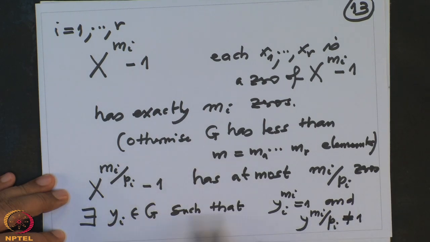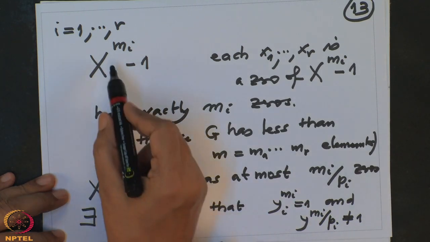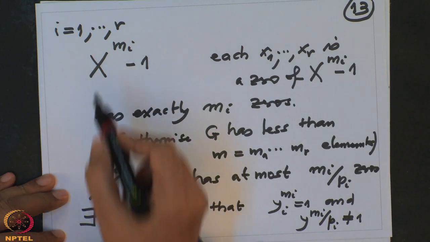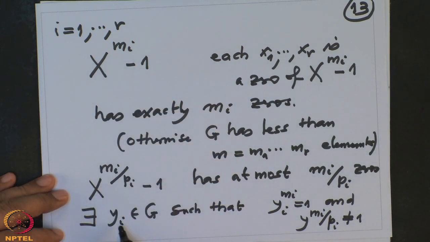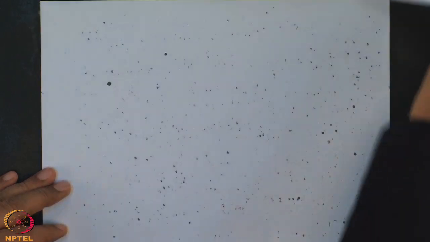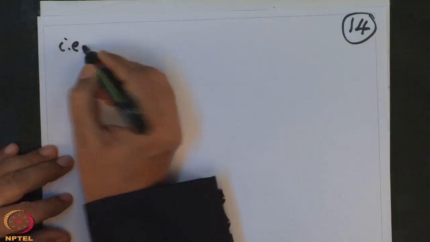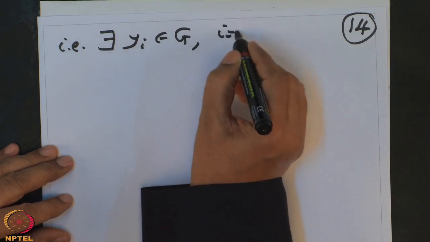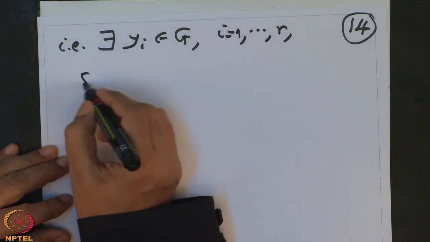That is because yi has to be a zero of the first polynomial, which has more zeros than the second. So I can find yi, for i from 1 to r, which is a zero of this but not of that.